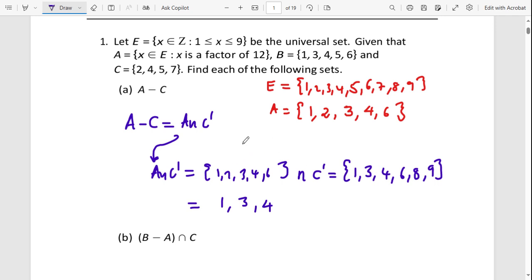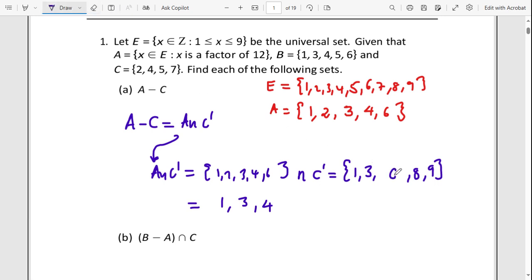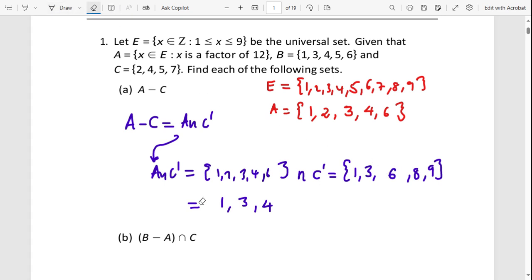Now I wrote 4, so 4 isn't supposed to be here, is it? Because 4 is in the set C and we want C complement. So 4 is not part of the set C complement. What other element is common? It is a 6, isn't it?